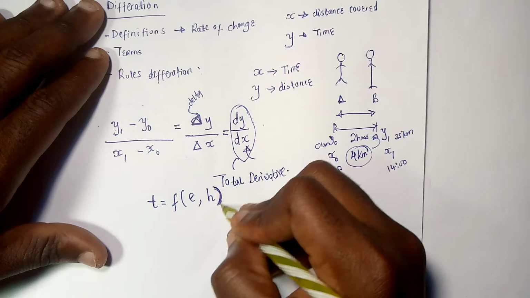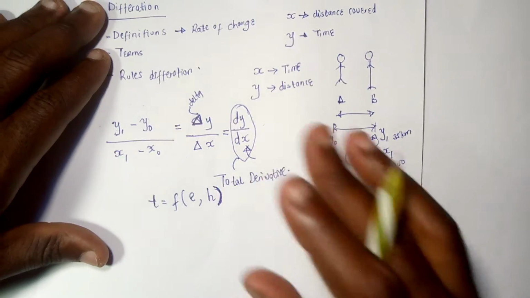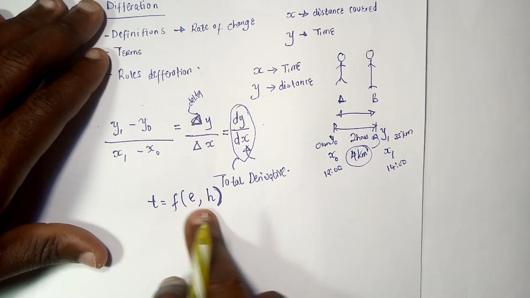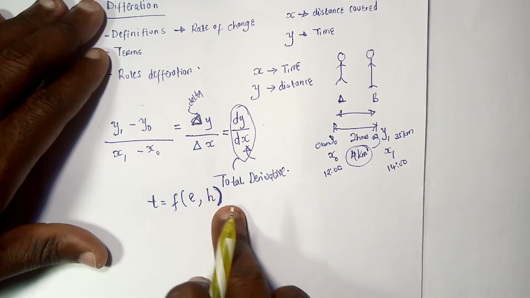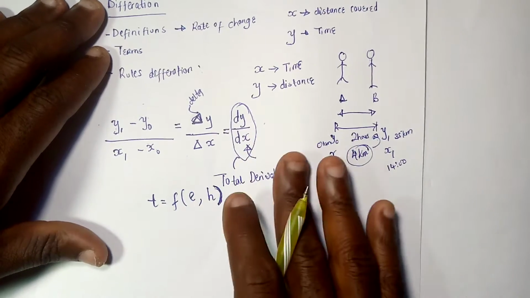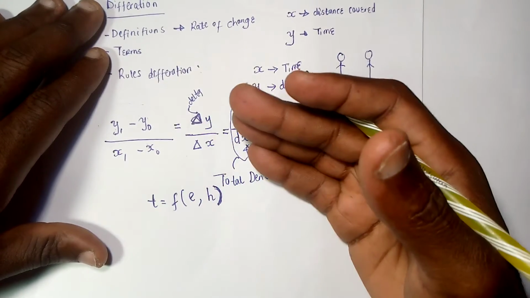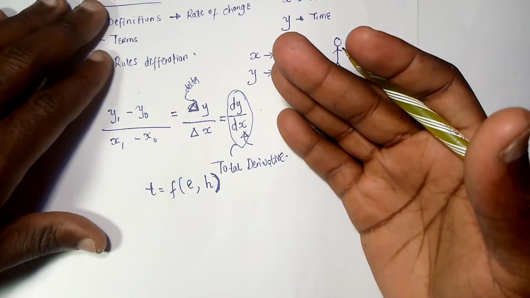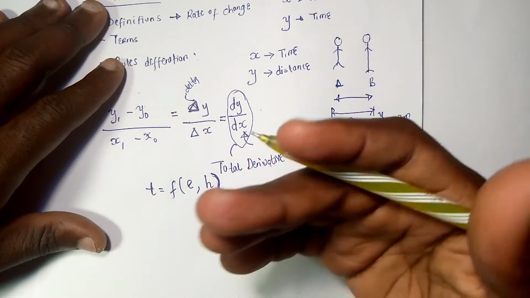Let's say we have two variables, and this is just an arbitrary example. I'm not saying that temperature is a function of environment and humidity. Of course, humidity is inside the environment, but I am just going to use this as an example to illustrate to you guys what a total derivative is and a partial derivative.